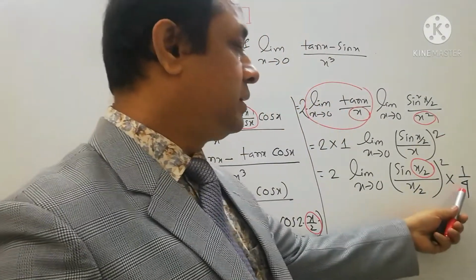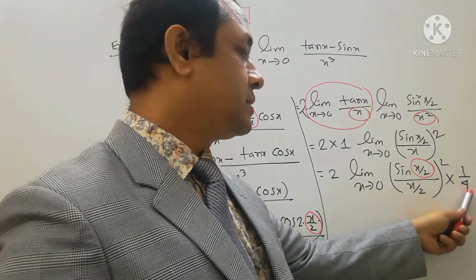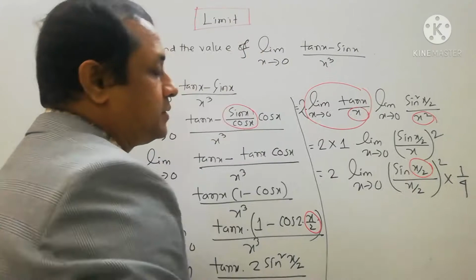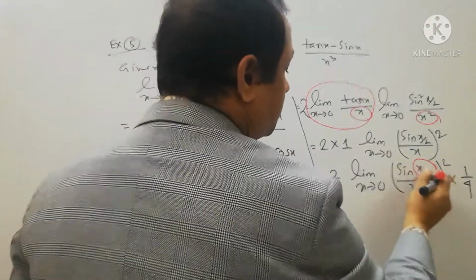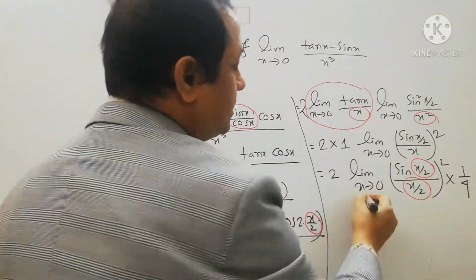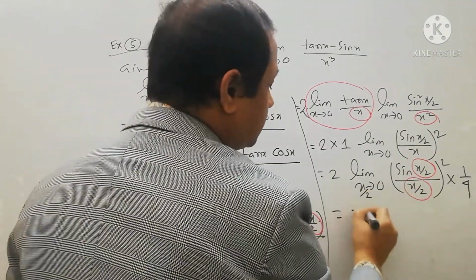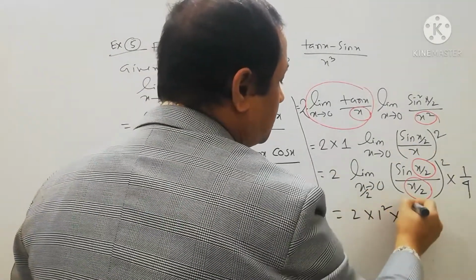Now student, sine x by 2 by x by 2, where x by 2 tends to 0, so the result is 1 square into 1 by 4.